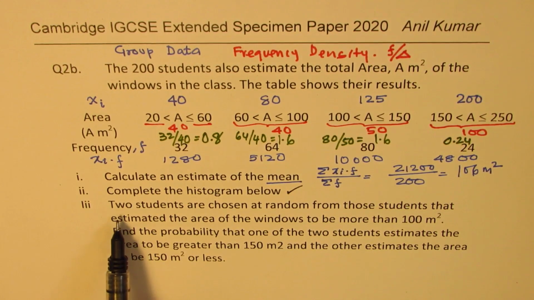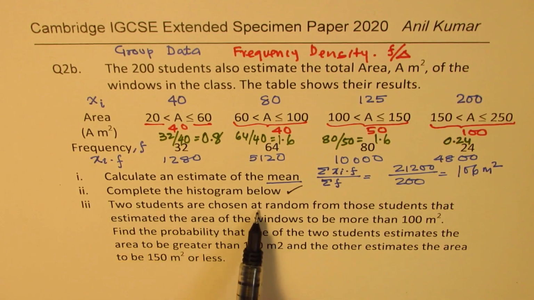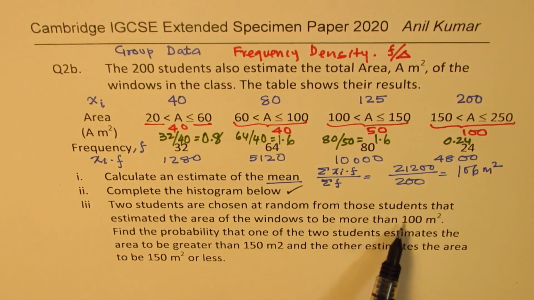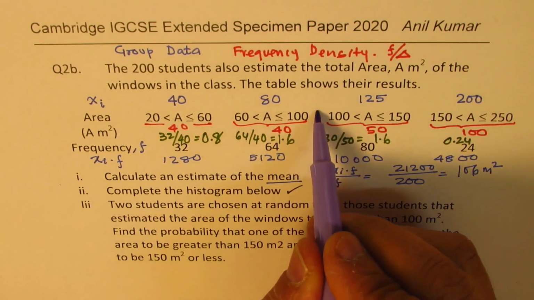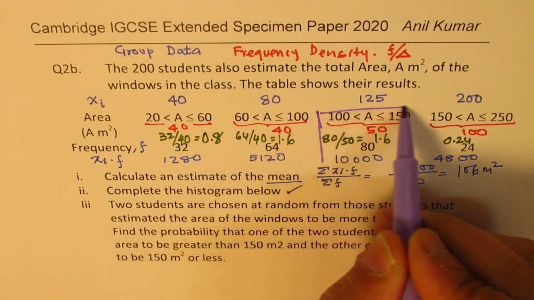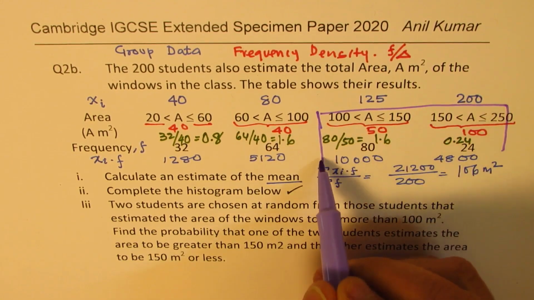The next question here is, two students are chosen at random from those students that estimated the area of the windows to be more than 100. So when we say more than 100, that means we are talking about this group, right? So we are talking about this group, which is more than 100.